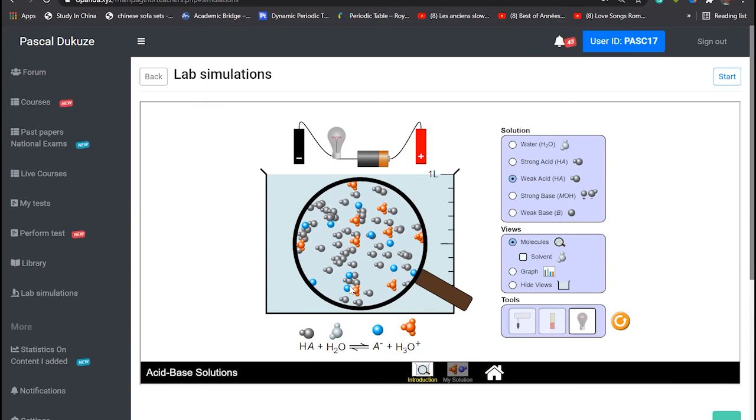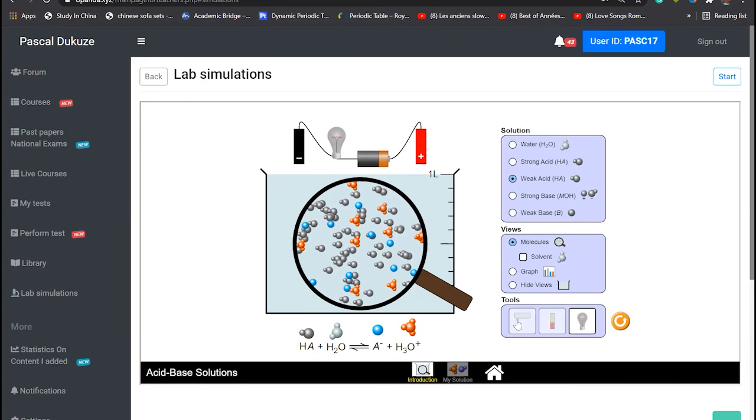You can see only a small fraction has been dissociated. Only a small fraction. We have so many molecules which are in the undissociated form, and only a small fraction has been dissociated. So this is a weak acid.